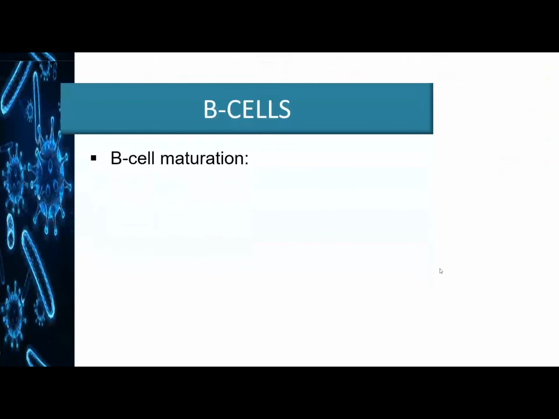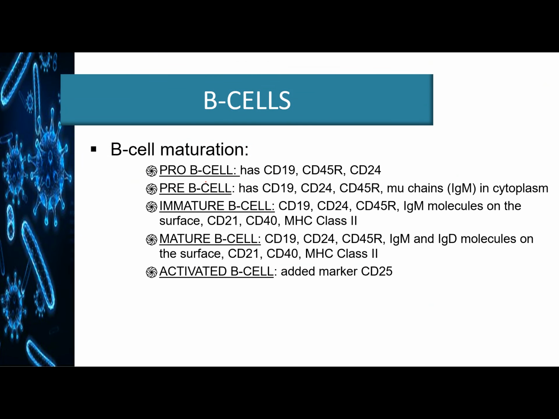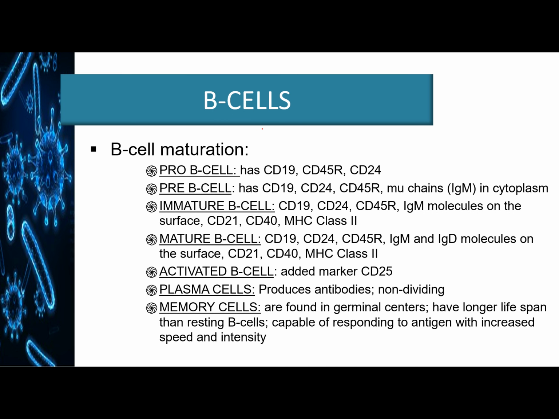Sila. B cell maturation, similar with your T cells, class, they also have different stages. And you would be able to identify them based on their CD markers. So we have your pro B cell. This has CD19, CD45R, and CD24.